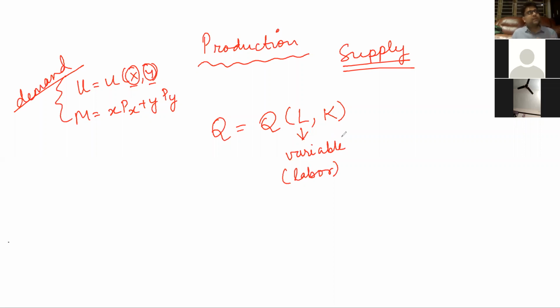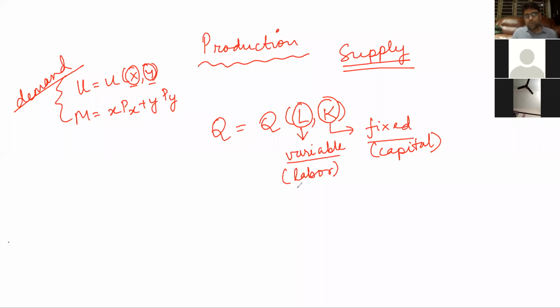All variable factors will be covered in this one factor of production. Okay, and all fixed factors will be considered in this K input of production. K is also called capital. Okay, so variable and fixed factor.